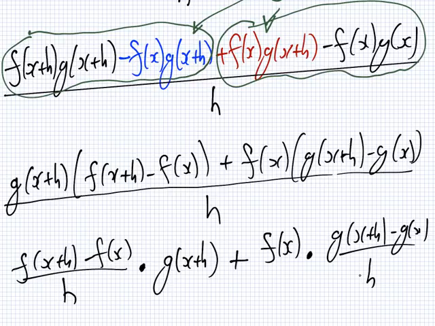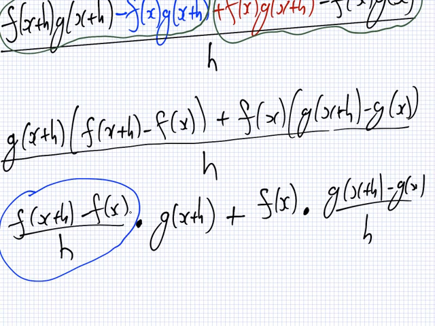Now let's see who's awake. When I make h go to 0, what does this piece become? f(x) minus f(x) over h becomes the derivative of f.